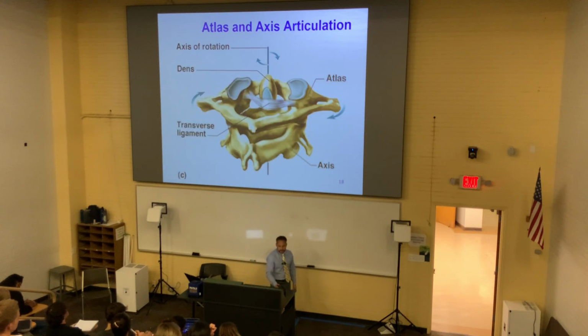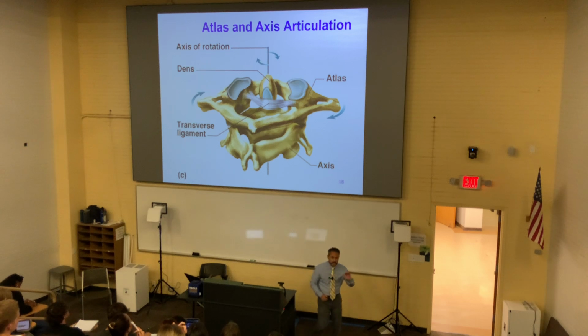So here's how they fit together. You can kind of appreciate the dens that protrudes just above C1, and we've got this transverse ligament that wraps it.